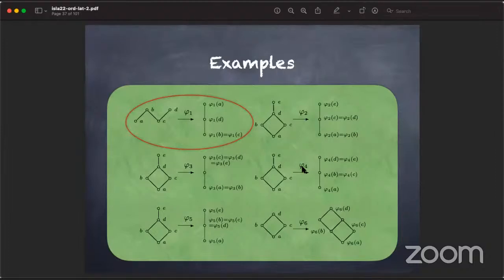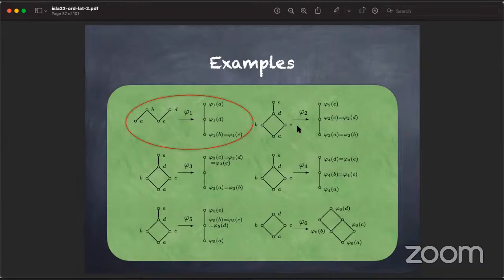So let's quickly consider phi 4. Phi 4 is not a lattice homomorphism. Why? Because the join of B and C will give me D, but the join of phi of B and phi of C gives something different. Phi 2 is a lattice homomorphism. What about phi 3? It is not. Why?